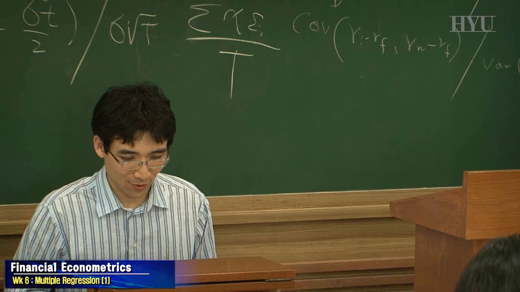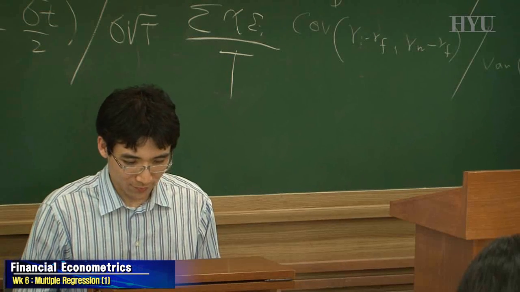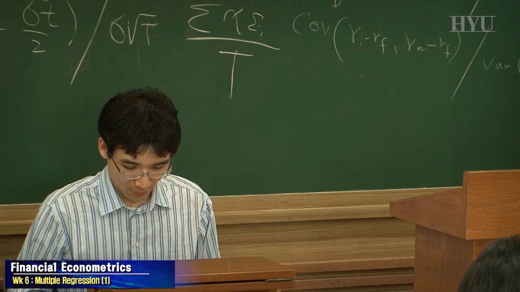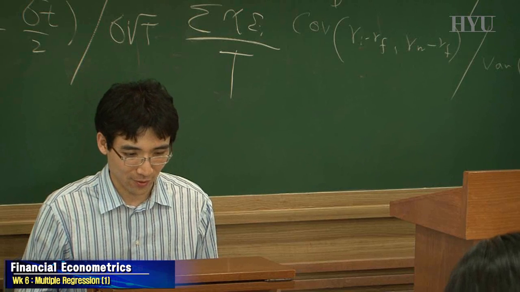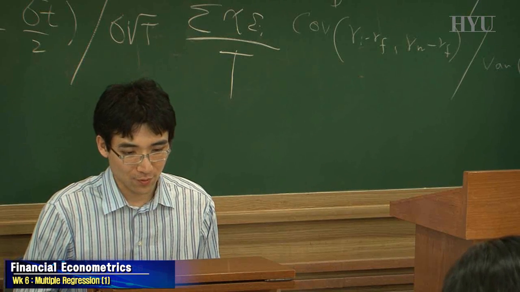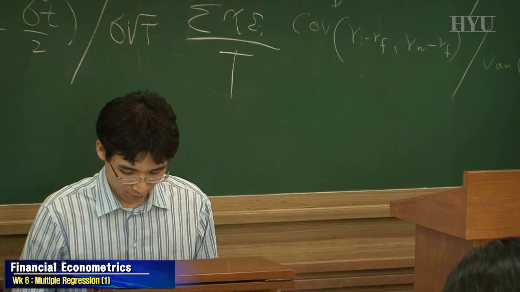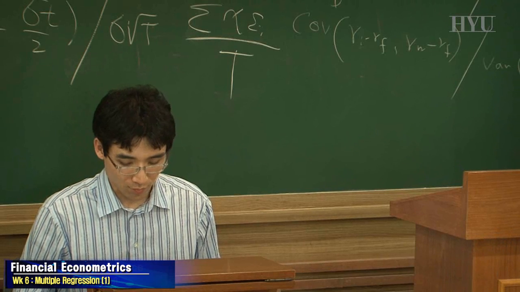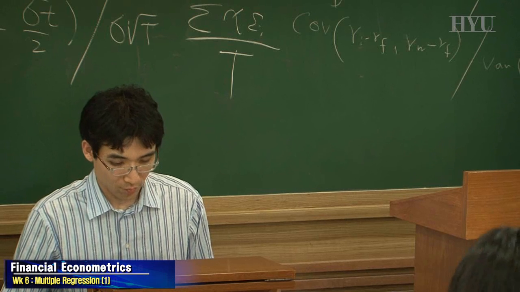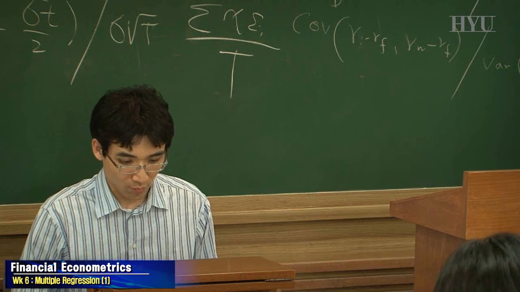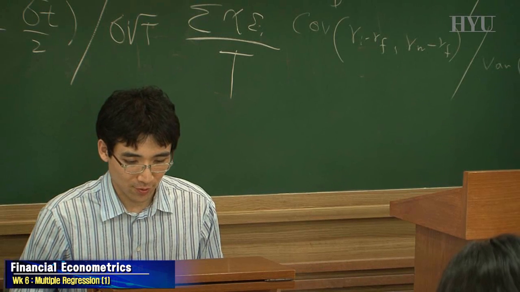And then the standard error should be the diagonal term of this one. So the standard error looks like this, and I can compare this one with the regression output.